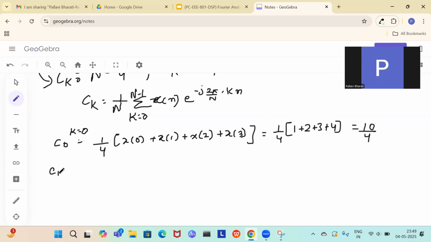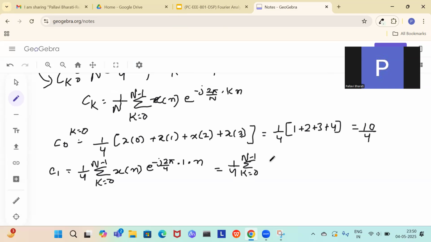Now the next one, if you take out C1, that is 1 by 4. In this case, it's not going to be k equals 0 to N minus 1. This is going to be x[n]. Here, all my k's are 1, so I will directly write k equals 1 and only n is going to change. I'm just trying to make this expression simpler.